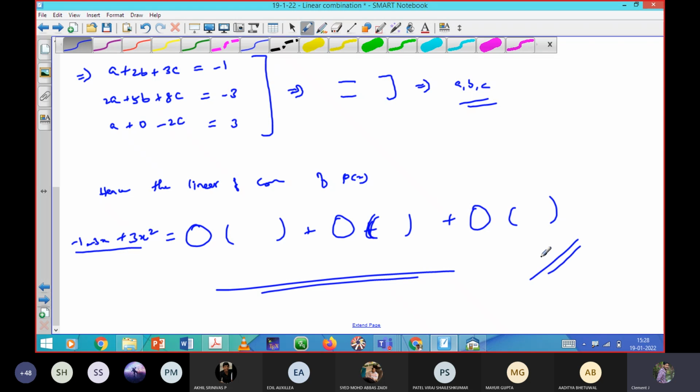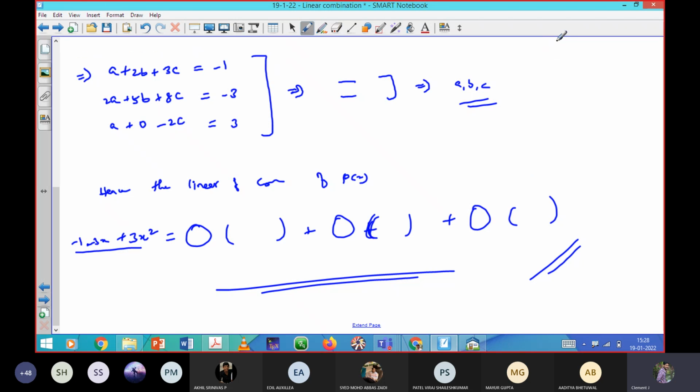Same procedure you should follow for the previous problem also. Once you have determined the a, b, c values by the equation cancellation method, you have to finally proceed to your linear combination final step. You should not leave with the answers a, b, c. Please understand, they didn't ask you to determine what is a, b, c. They asked you to present it in the format of linear combination.